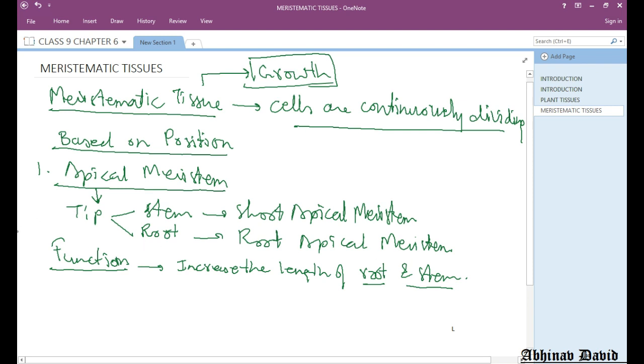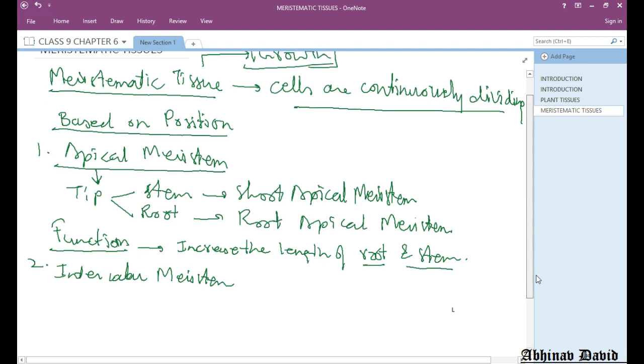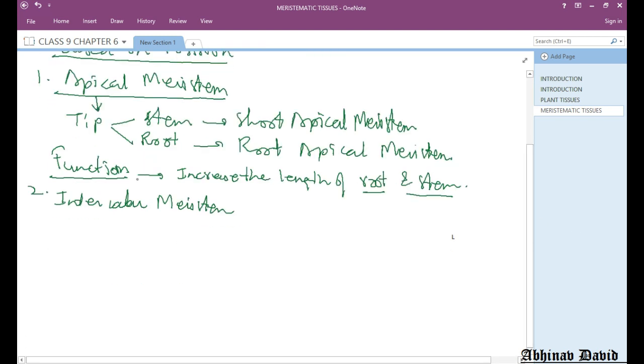Now let us discuss number 2. Number 2 is intercalary meristem. Let us discuss the intercalary meristem. Intercalary, I-N-T-E-R-C-A-L-A-R-Y.